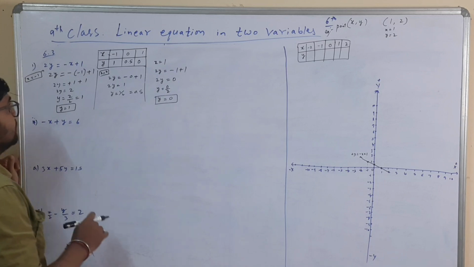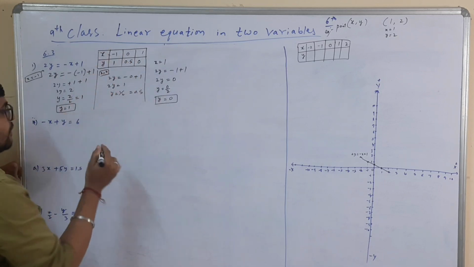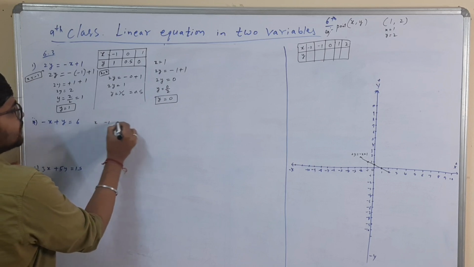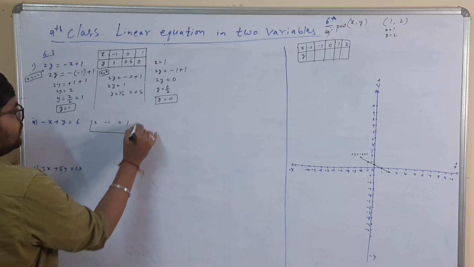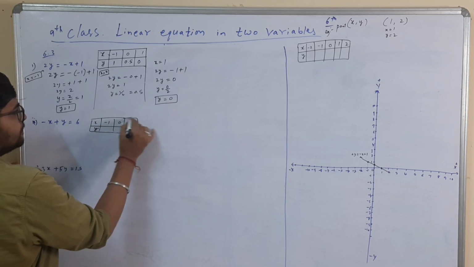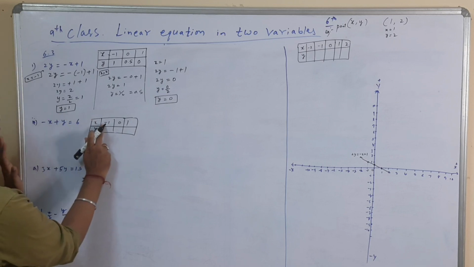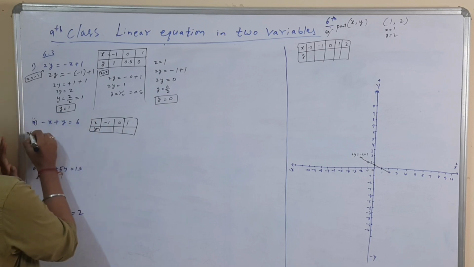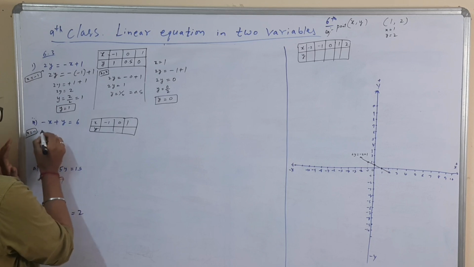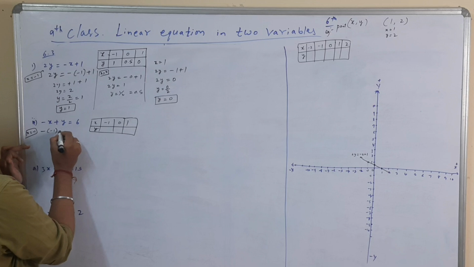Now for the second one, I'll go with the same thing. I'll take only 3 values, x equal to minus 1, 0, 1, and see what values of y I get. Substituting x equal to minus 1 here, already minus is there, and the x value is minus 1, so we put brackets like this.